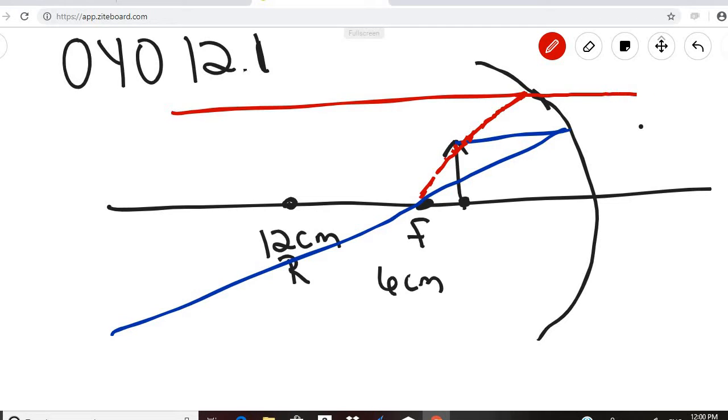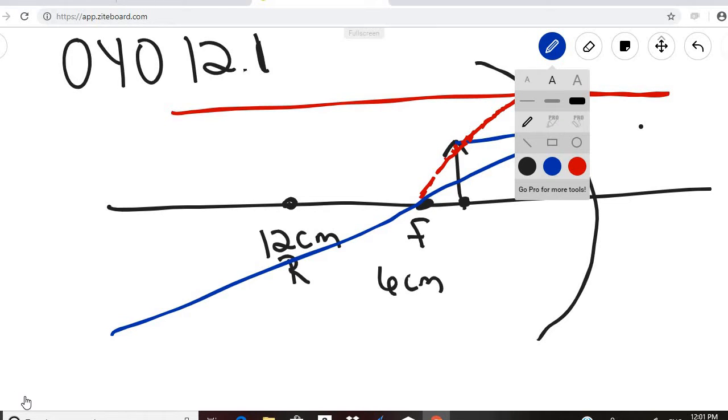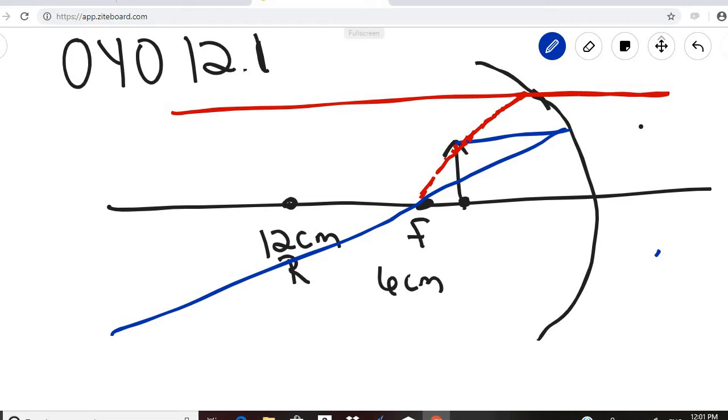So the horizontal one, the reflected line, would be there, and for the one that came in horizontally and reflected through the focal point, it would be there. So this is the bottom of our image, and this would be what the image would look like in the mirror. We would say it's upright.